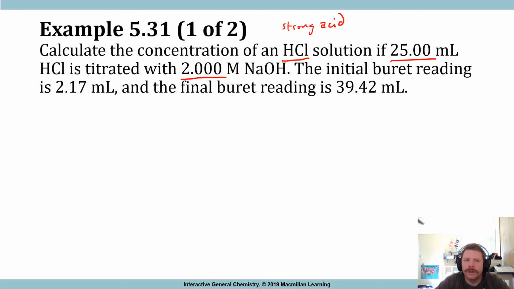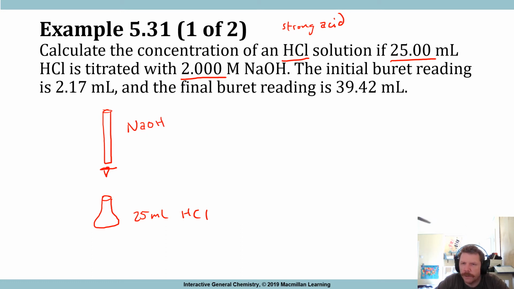Okay, so what this basically boils down to is in the burette, here's our valve, here's our spout, here's our Erlenmeyer flask where we have our 25 milliliters of HCl. We've added to this from our burette sodium hydroxide.